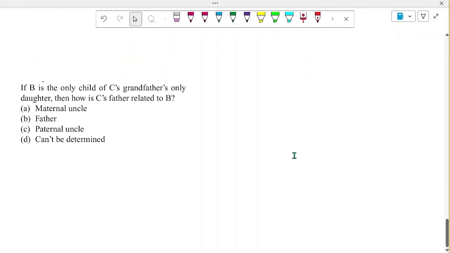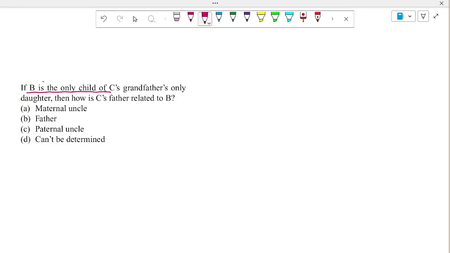This will be the last question. Okay. Just try to understand this one. This is also a very special question. If B is the only child of C's grandfather's only daughter. Sometimes questions will be like this, but we'll try to understand this.